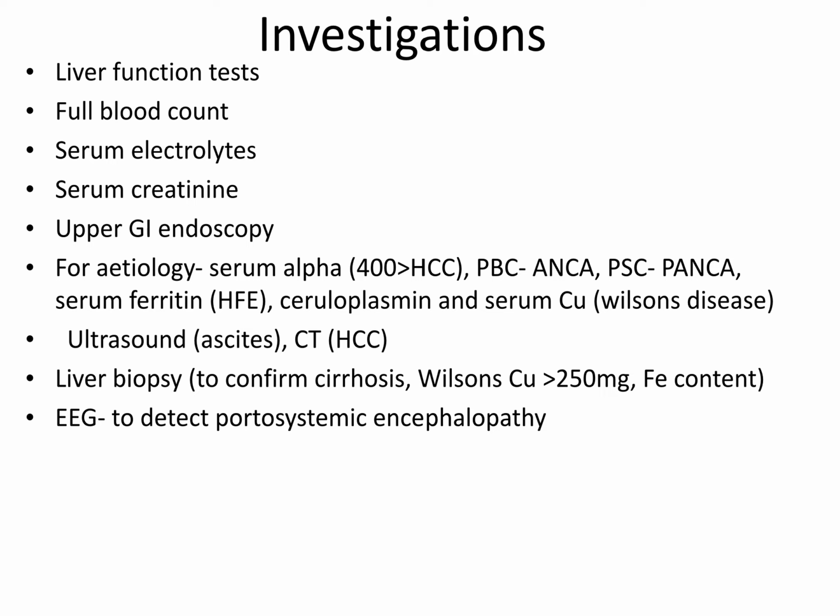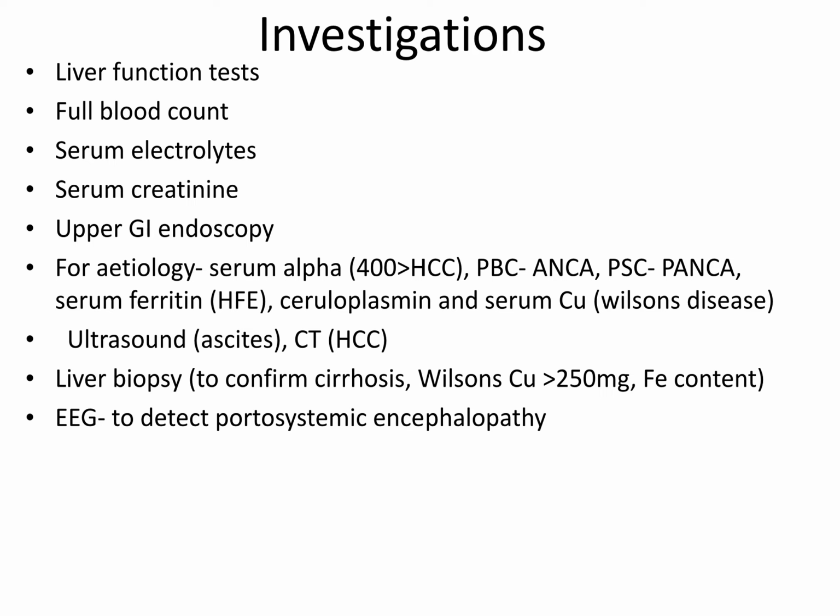And then we have to do upper GI endoscopy if the patient is having any signs of variceal bleeding, esophageal variceal bleeding. Then we would actually do upper GI endoscopy to take prophylactic measures such as banding, sclerotherapy, those things.